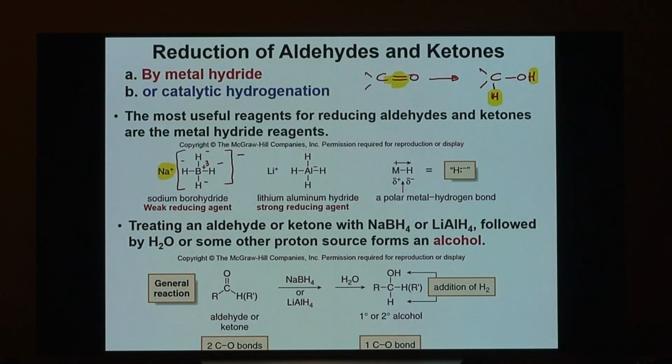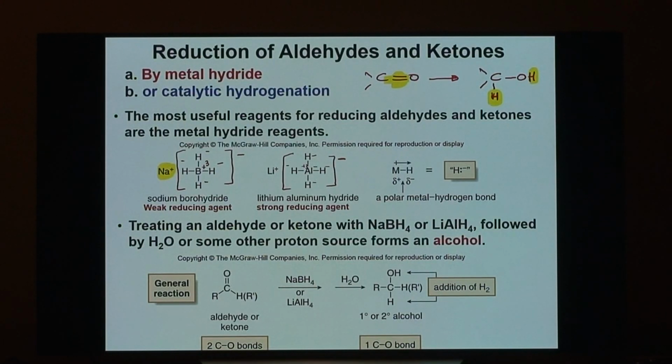So this is why you need sodium to balance the negative charge. Same thing for the aluminum. The aluminum is positive 3. Each of these hydrogens is negative. This is a hydride. Hydride is an H minus. This is a negative charge. Lithium hydride and this lithium aluminum hydride.